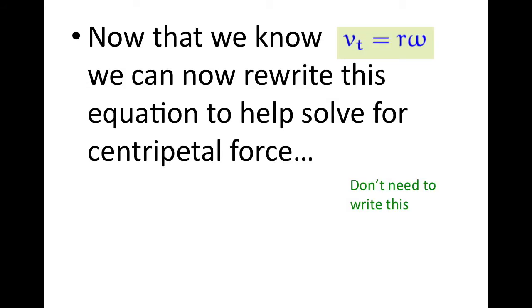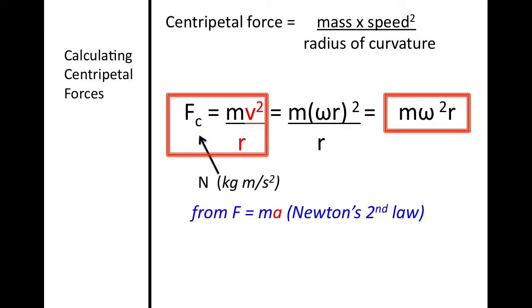What we know is that tangential speed equals the radius times the angular speed. What we can do now that we know that is rewrite this equation to help solve for centripetal force. This equation is mass times the speed squared divided by the radius of the curvature. And here is the equation. So F sub c, which is in newtons, and remember that newtons are kilograms meters per second squared, and that is equivalent to mass times acceleration.